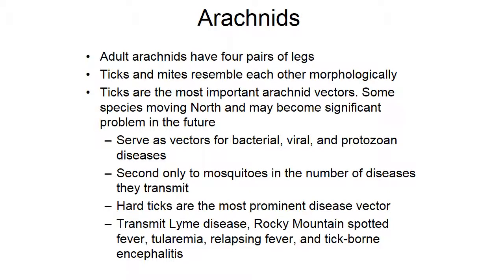Fortunately, because of the cold climate, interior and northern Alaska have a paucity of hard ticks, and thus these diseases are absent. Unfortunately, with climate change, the ticks and associated diseases are working their way north and may become significant livestock disease vectors in the future.